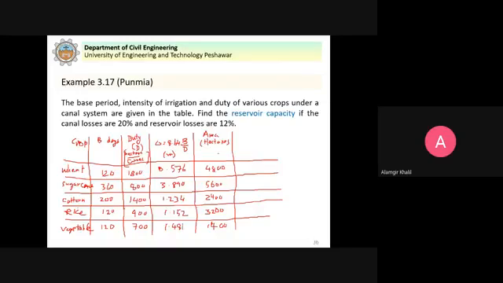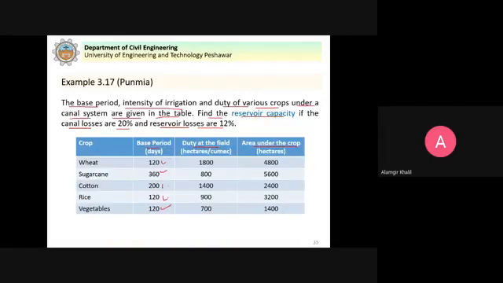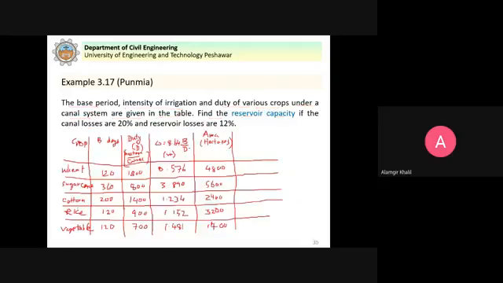Now we need the volume. So we have this area here, in hectares. You can see this is the area under the crop in hectares. Because we have to irrigate this area, so area multiplied by the depth, delta, we can calculate the volume.